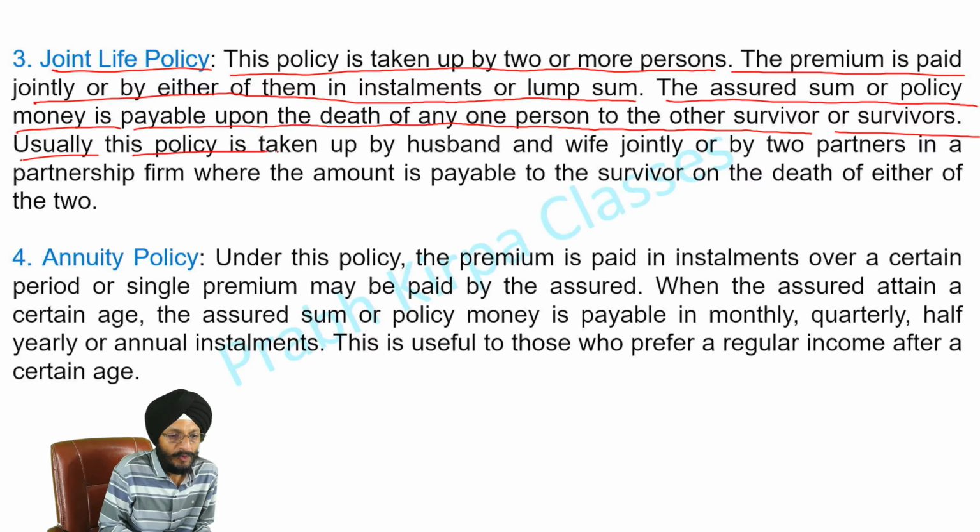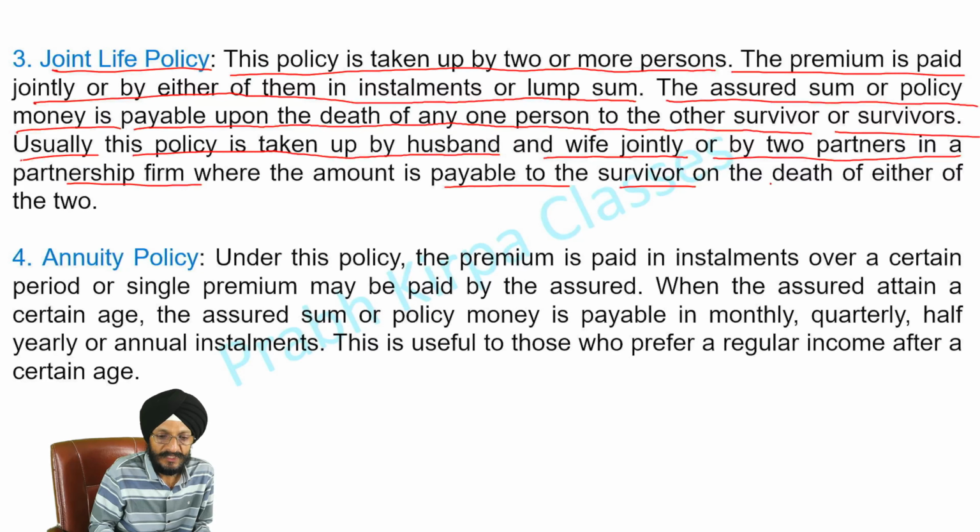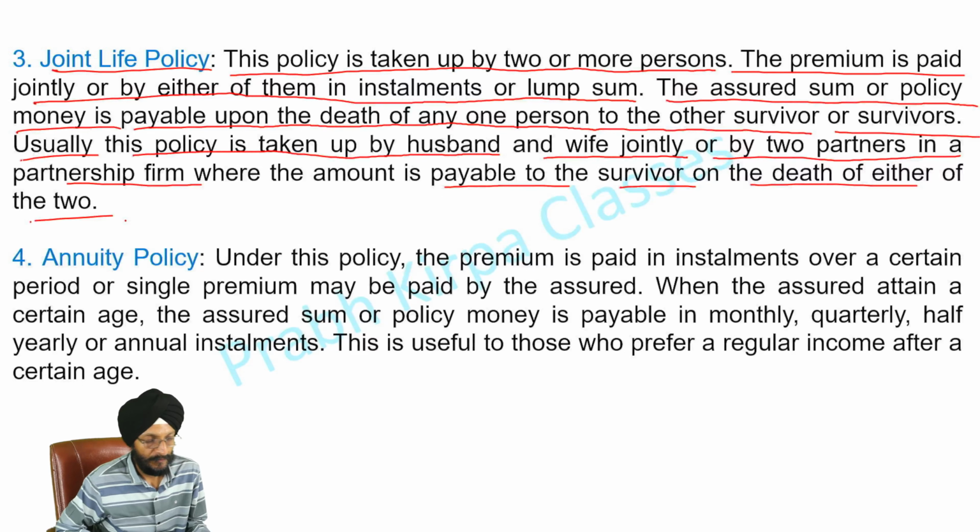Usually, this policy is taken up by the husband and wife jointly or by two partners in a partnership firm, where the amount is payable to the survivor on the death of either of the two.